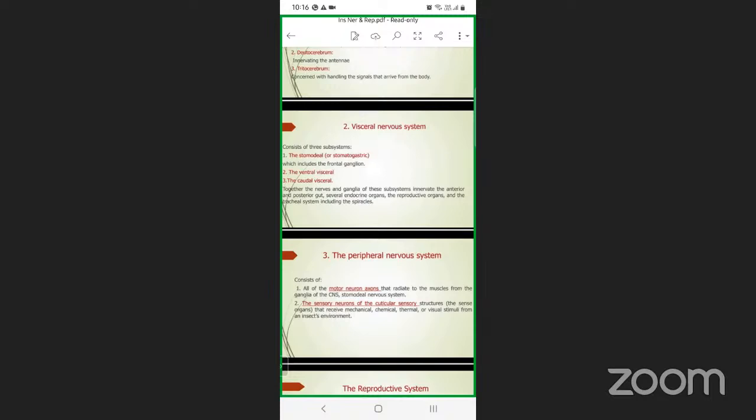The nerves and ganglia of these subsystems together innervate the anterior and posterior gut, several endocrine organs, the reproductive organs, and the tracheal system, including the spiracles. So this is about the visceral nervous network.